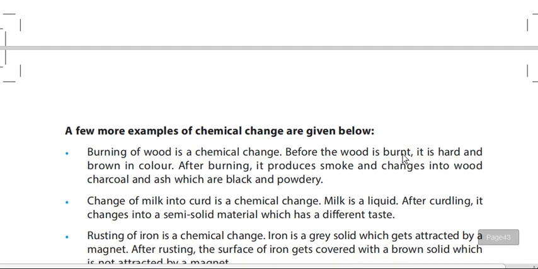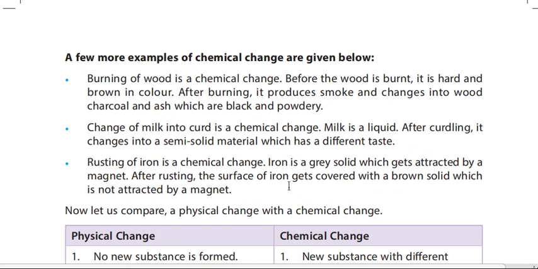See, there are some more examples. Burning of wood is a chemical change. Change of milk into curd is a chemical change. Rusting of iron is an example of chemical change. Rusting is also very common to you all. Iron is a gray colored solid, but when it is rusted, it becomes red brown.